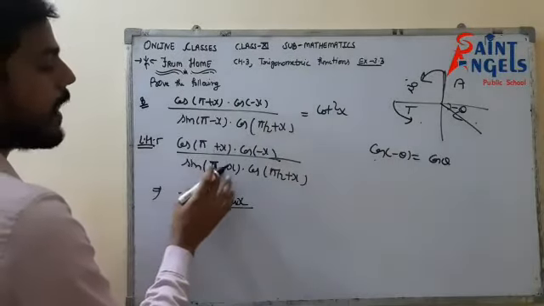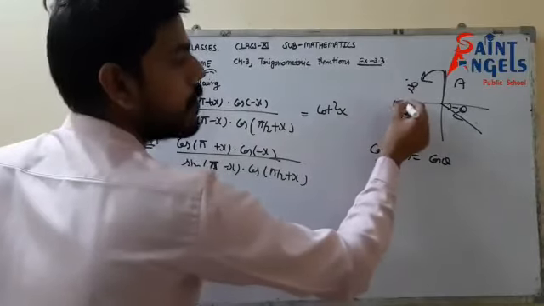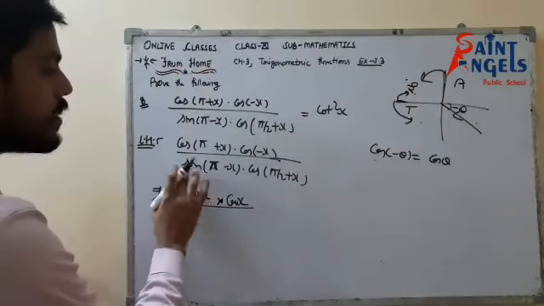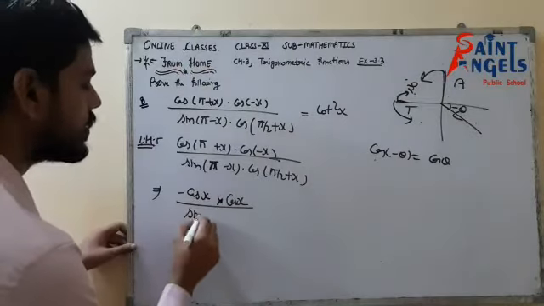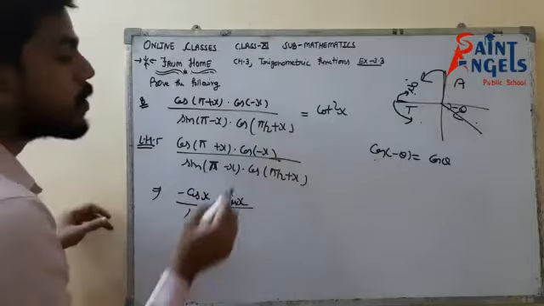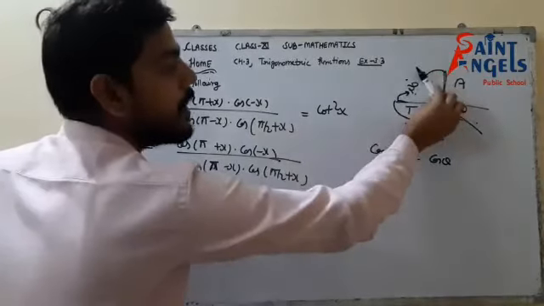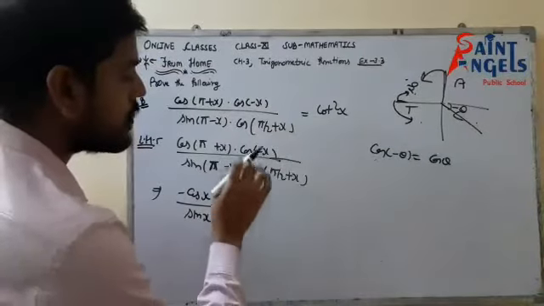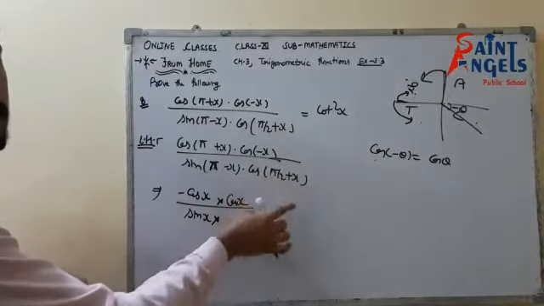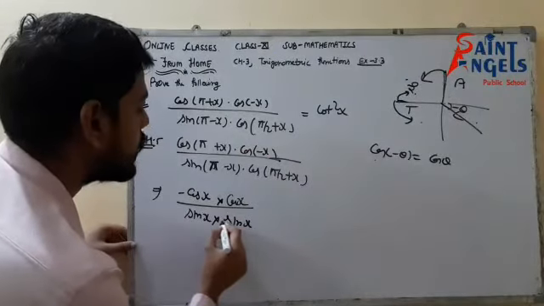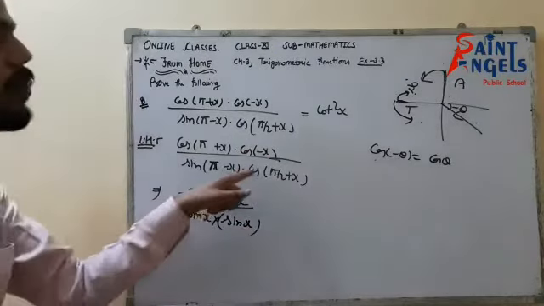Same here, sin(pi minus x). It means what? Second quadrant, and in the second quadrant sin is positive. So that would be sin x into cos(pi by 2 plus x). Beta, cos(pi by 2 plus x), we are coming to the second quadrant, and in the second quadrant cos is negative. We are using pi by 2, so cos will convert into sin, so that would be sin x, but with a minus, because in the second quadrant cos is negative.